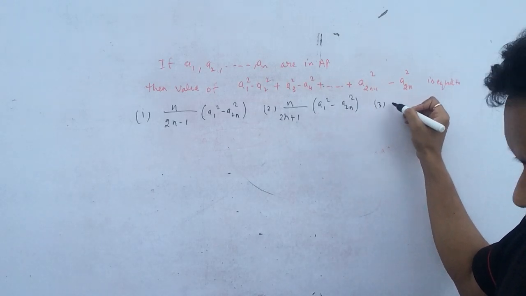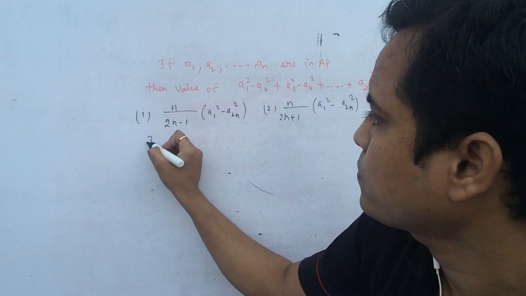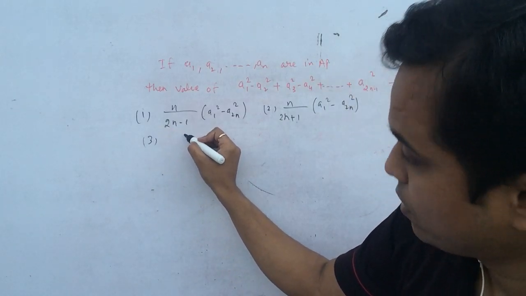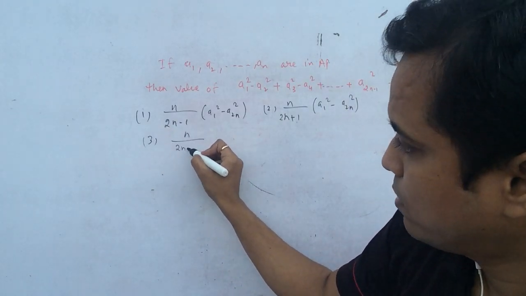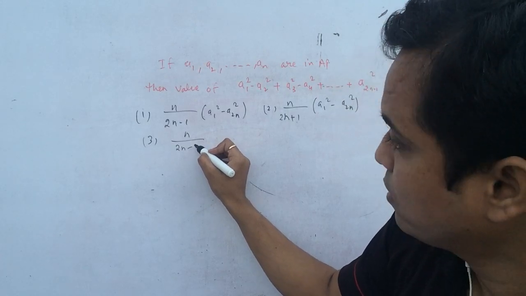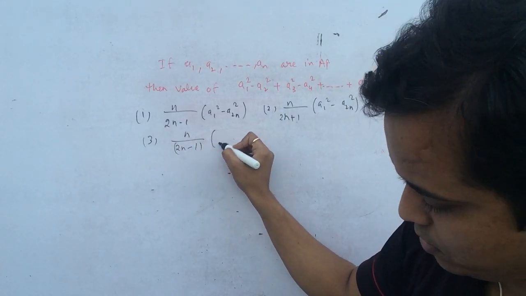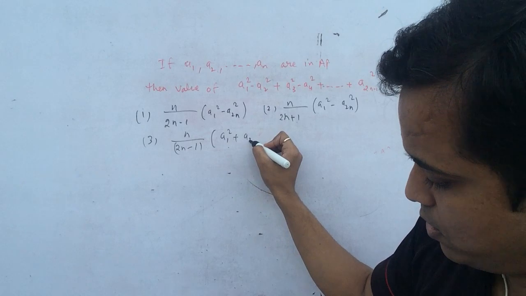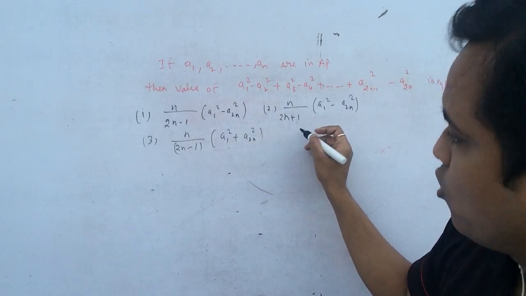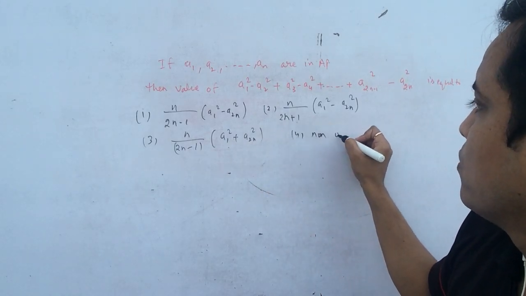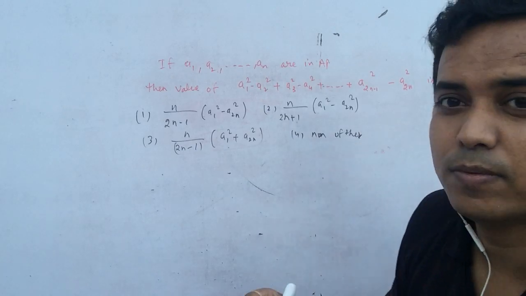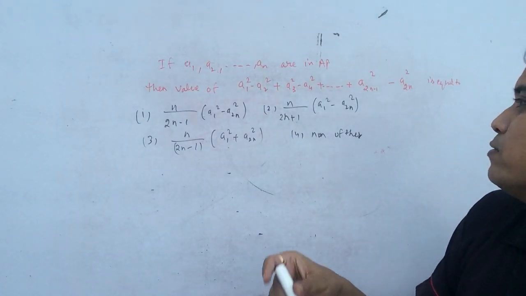Third option is n upon 2n minus 1, A1 square plus A2n square. And fourth, none of these. What would you do? So pause this video and try to solve.